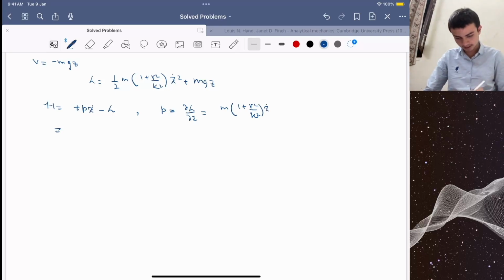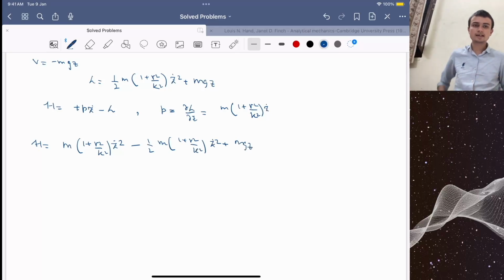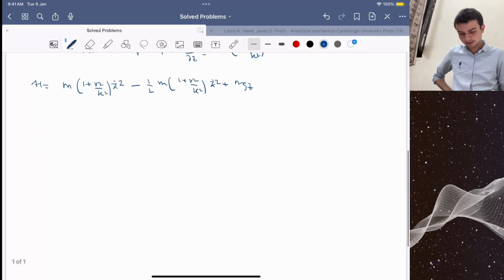Let's do the substitution: m (1 plus r squared by k squared) z dot squared minus 1/2 m (1 plus r squared by k squared) z dot squared plus gz. My handwriting is a little worse, but I hope it's still legible.